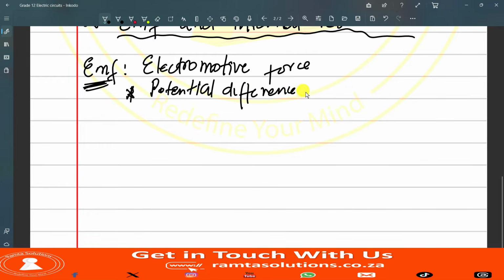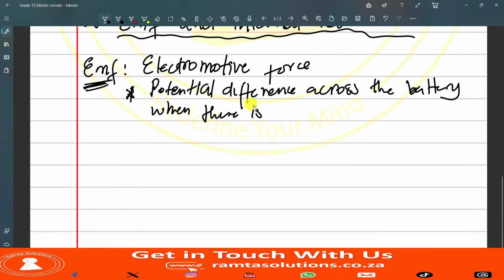Potential difference measured across the battery when there is no current flowing.